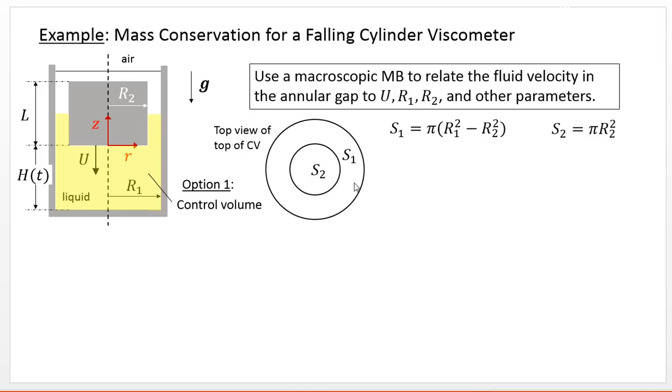And this outer region, S1, is the annular gap between the tube and the cylinder. So surface area S2 is pi r2 squared. The area of this annular gap S1 is the difference between the area of the outer circle and the inner circle, so it's pi times r1 squared minus r2 squared.